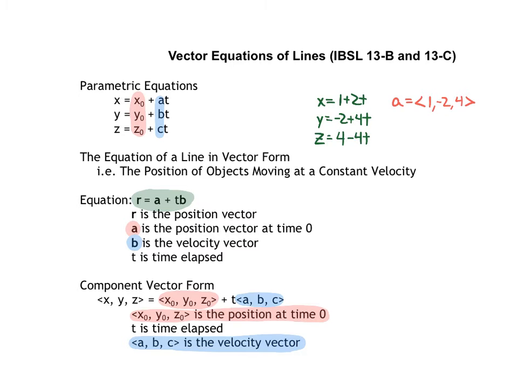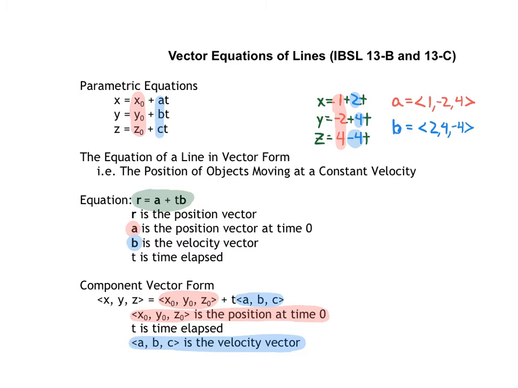And then the velocity vector, we were told, but even if we weren't told, just looking at this equation, the velocity vector would be 2, 4, negative 4. Okay? Again, that comes from here, here, and here, including the minus. Our starting position was these numbers right there.